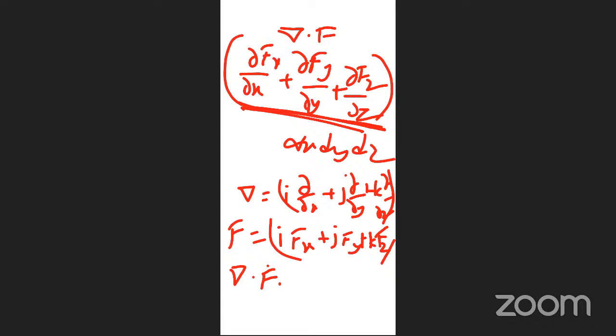So the flux through all faces of the rectangular element is the surface integral of F·dS, which is equal to del dot F into dv, where dv is dx dy dz, the small volume element. So that is the total flux through the elementary volume.